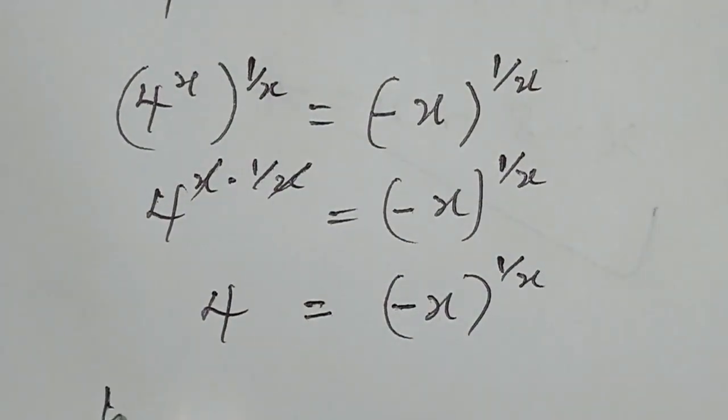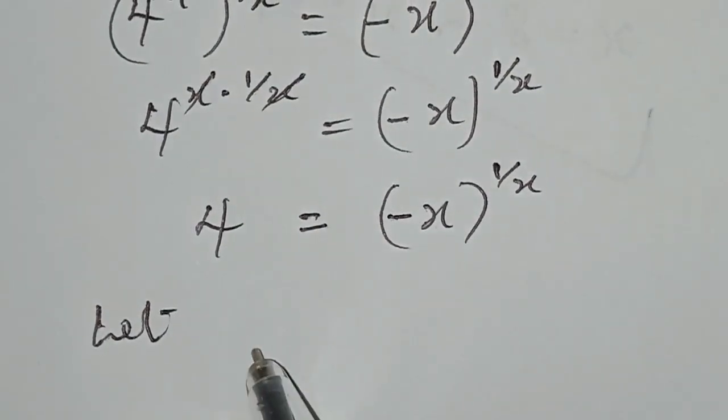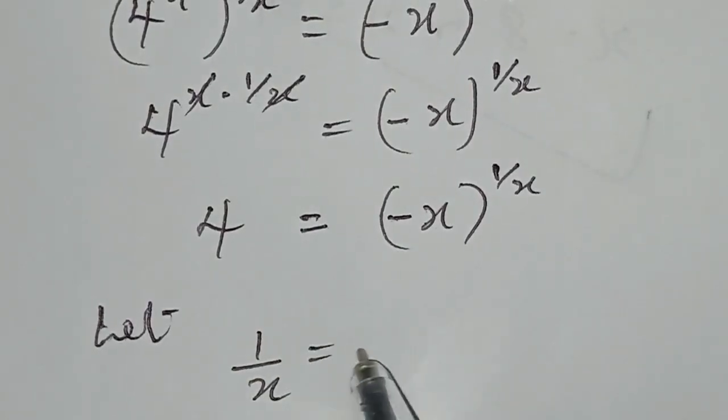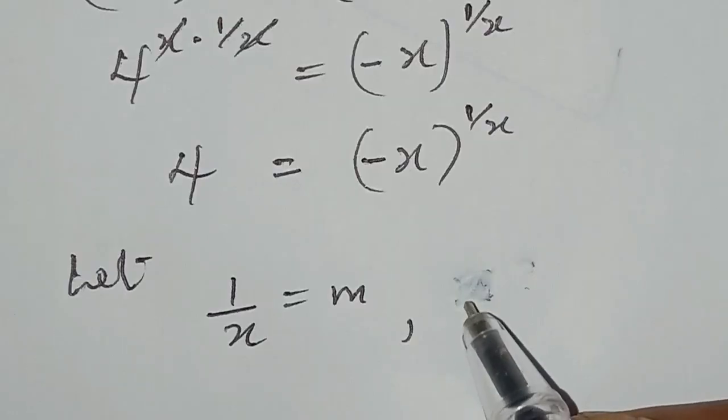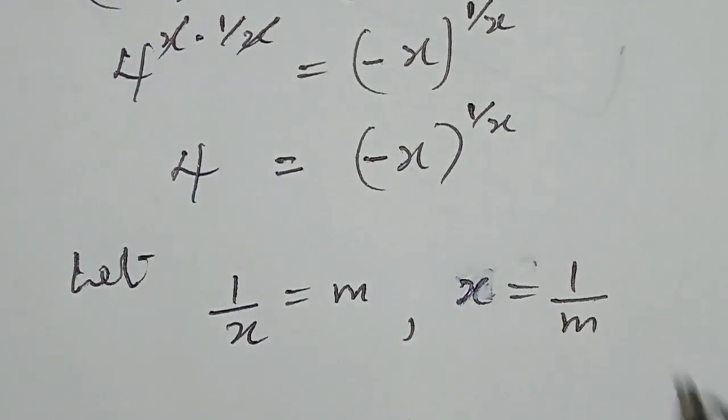Now let's define 1 over x to be equal to m. This implies that x will be equal to 1 over m.